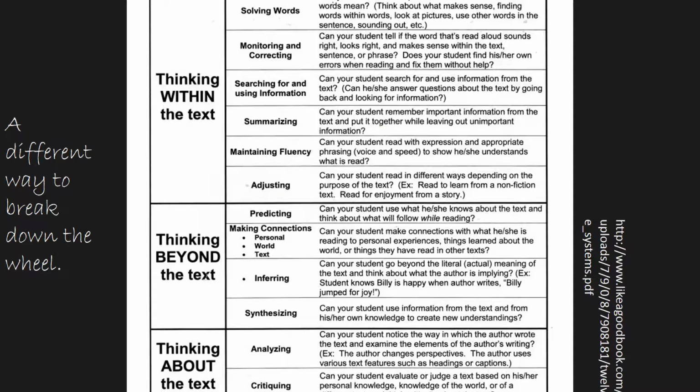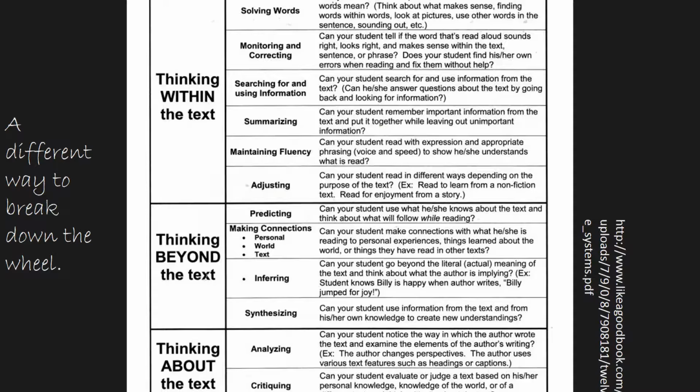So, let's look at thinking beyond the text right here. The predicting part: can your student use what he or she knows about the text and think about what will follow while reading? That's really getting a child to use foreshadowing, to understand what the author is saying might happen next. This breaks it down a little differently.